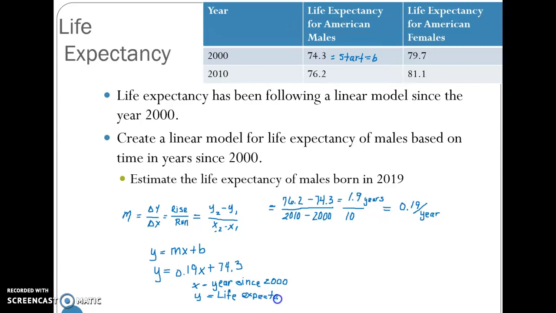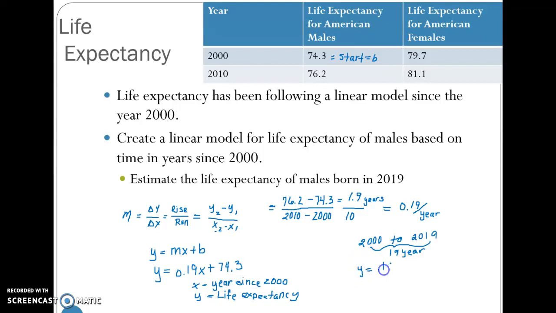So we actually have a second question that we're supposed to answer here, and that is to estimate the life expectancy of males born in 2019. So from the year 2000 to 2019, that time frame is 19 years. So looking at my model, we said x represents the years since 2000, so I'll plug in the 19 for the x.